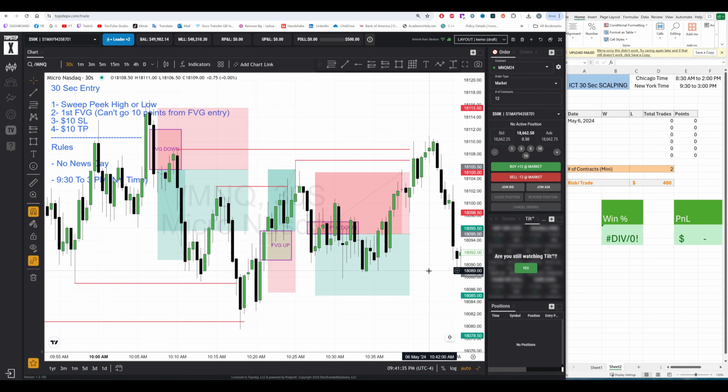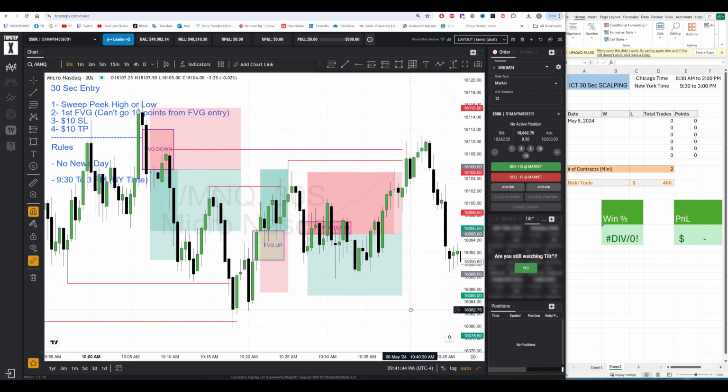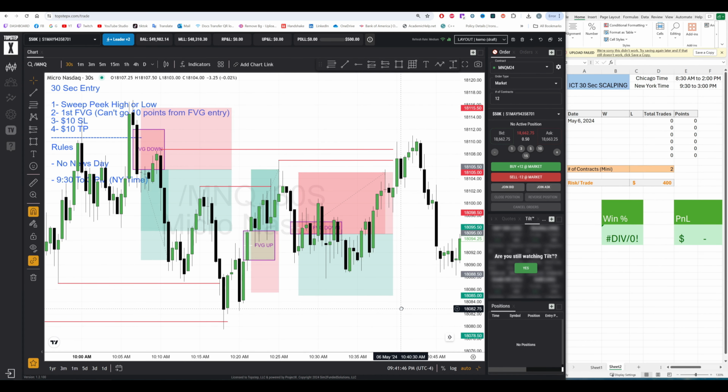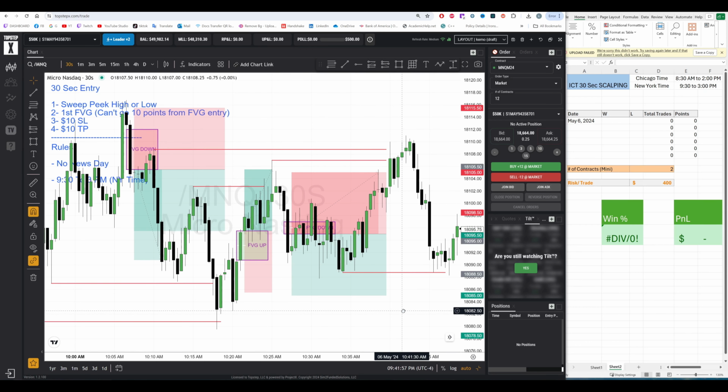So that is not considered a valid setup, and you're not going to get tagged in, because we're getting in the trade on the retracement, on the retest of the bearish fair value gap or a bullish fair value gap.